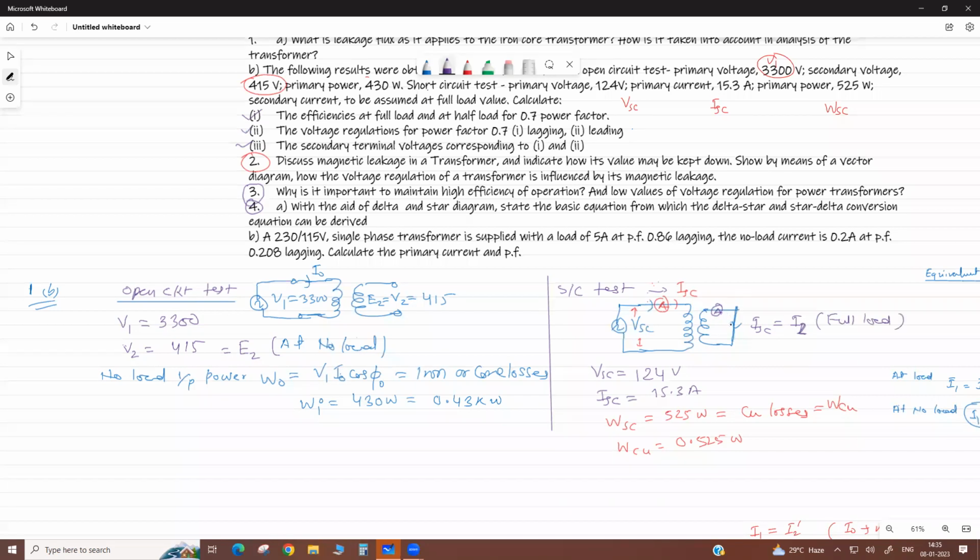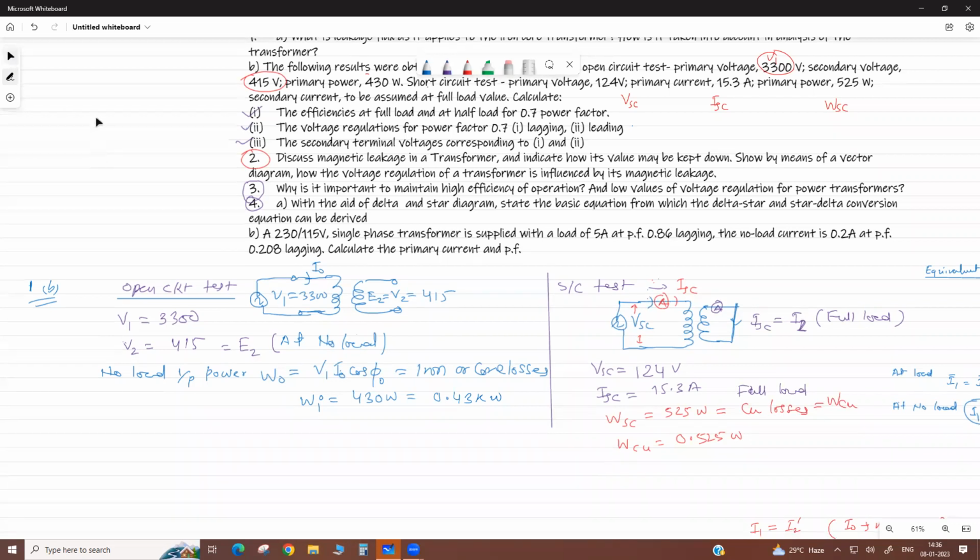When your secondary carries the full load current, then we note down this parameter. So this will give you the full load copper loss.